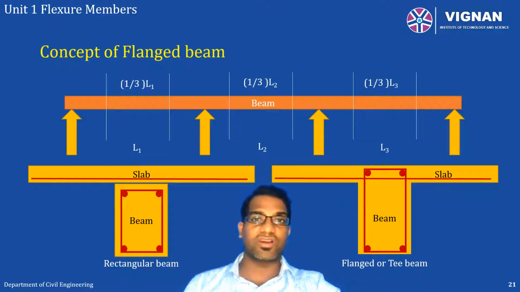Whereas in the left side figure, as there is no monolithic connection, this should be considered as a rectangular beam. In the right side figure, when you pour the concrete in slab and beam simultaneously, the beam will behave as a T-beam, which means a part of the slab is also considered in the flexural resistance. Whereas in the left side, only the rectangular section is considered in strength parameters.